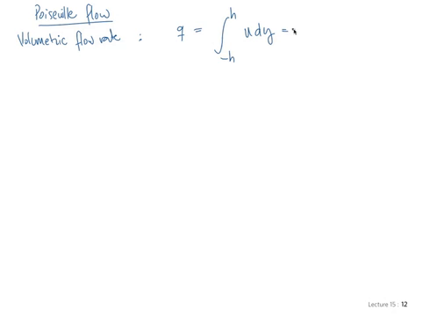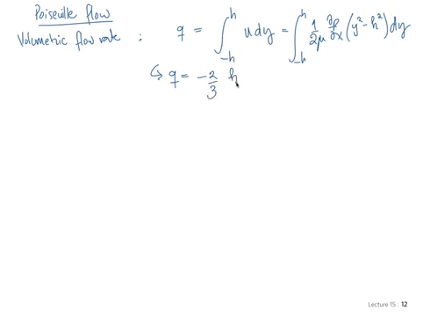And we can integrate this, minus h to h, 1 over 2 mu dp dx times y squared minus h squared dy. So I get q is equal to minus 2/3 h cubed over mu times dp dx.